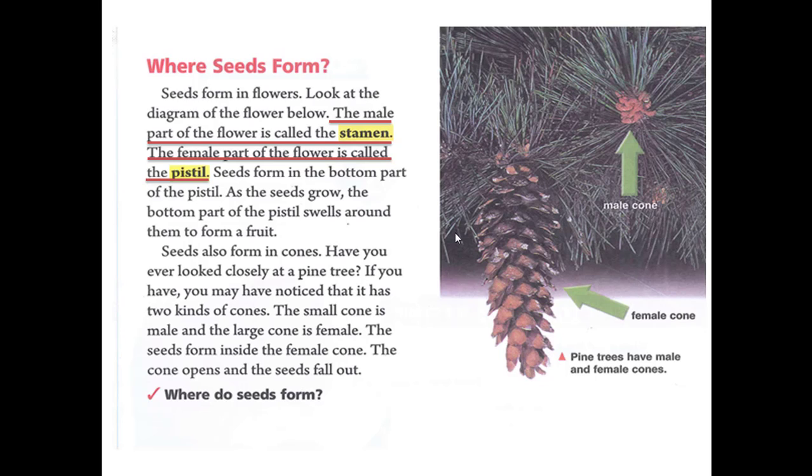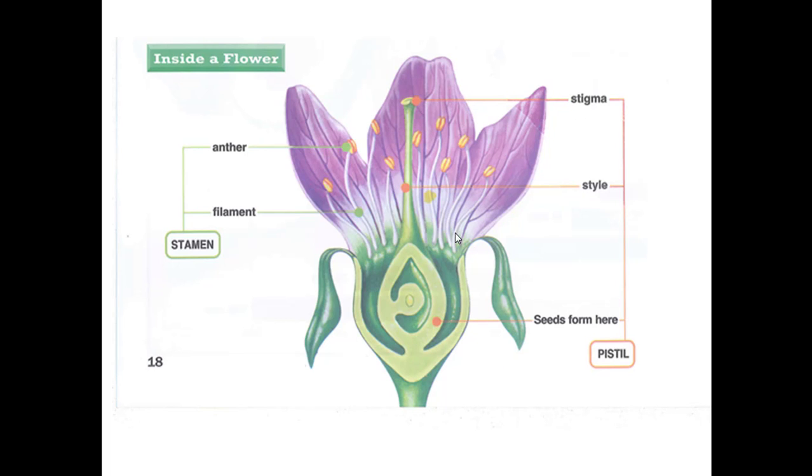We said we have two types of plant, flowering plant and non-flowering plant. Flowering plants are plants that make flowers. Inside the flowering plant, seed will form inside the flower.